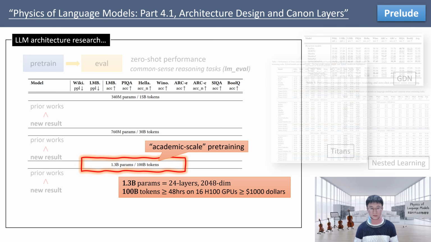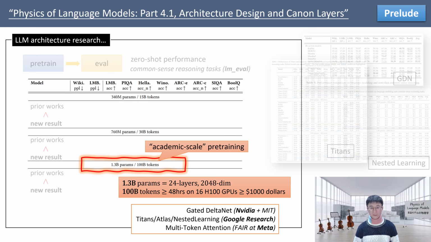I'm calling this academic scale because in academia typically funding is limited, and you cannot repeat experiments like this too many times. But in fact, even in industry research labs, such as NVIDIA Research, where they published Gated DeltaNet, or Google Research, or even FAIR at Meta, when my colleagues, for instance, studied multi-token attention, this also turns out to be the largest scale we can run.